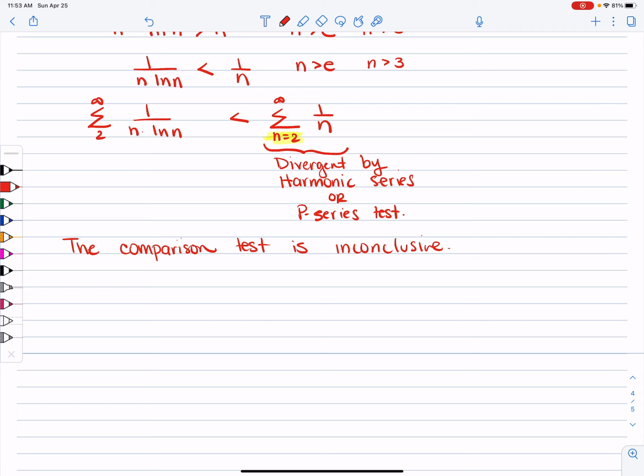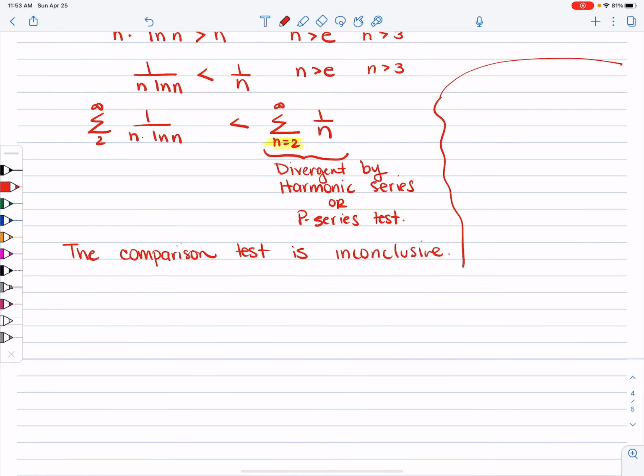So if we can't use a comparison test, we got to use a different test to establish convergence or divergence. But let me go back and make that argument about sigma as n goes from 2 to infinity of 1 over n.